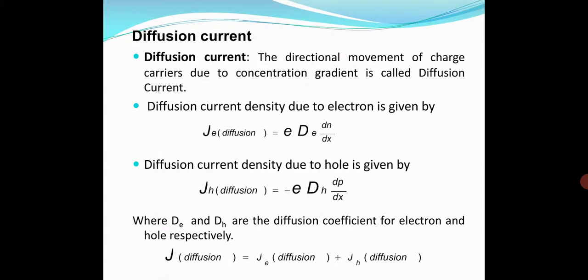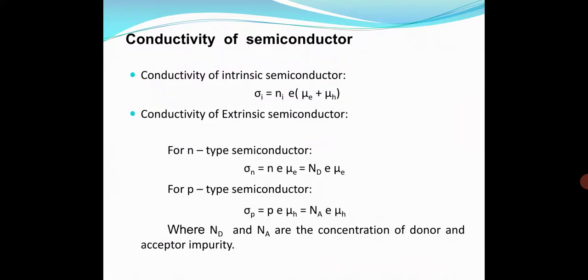Now, diffusion current. The directional movement of charge carriers due to a concentration gradient is called the diffusion current. We know from nature's law that there is a diffusion current. Now, the conductivity of a semiconductor depends on the mobility of holes, the mobility of electrons, the number of electrons and the number of holes.